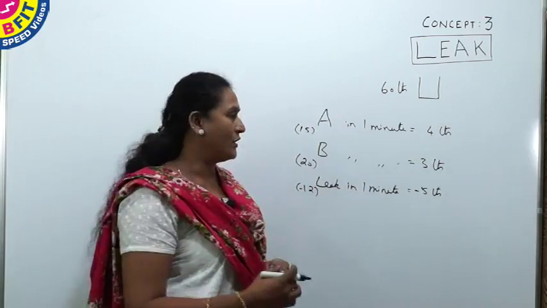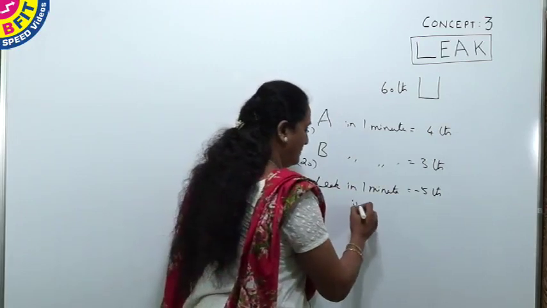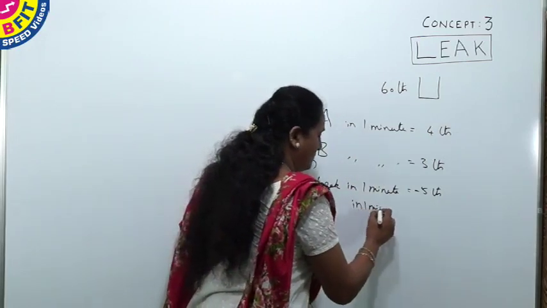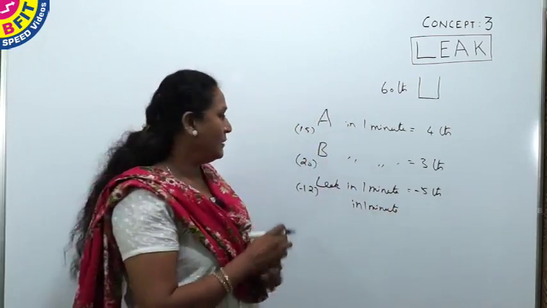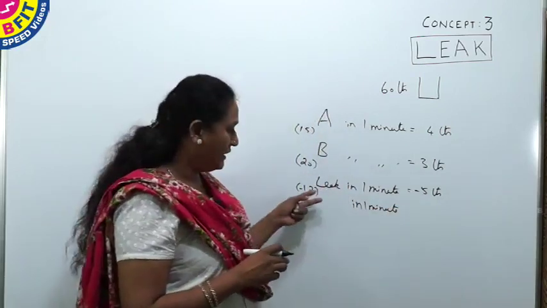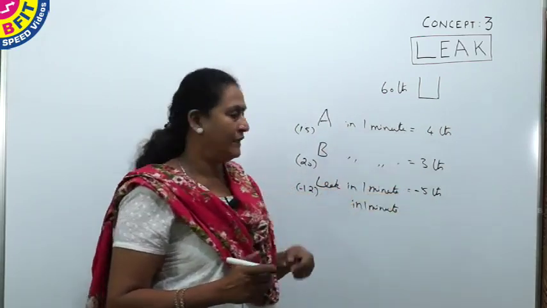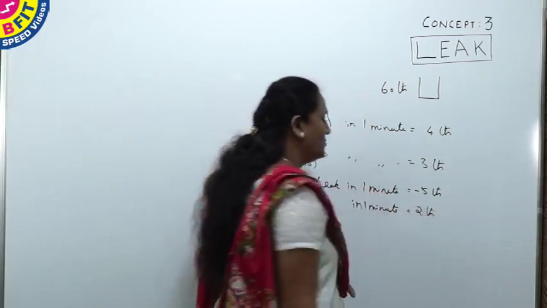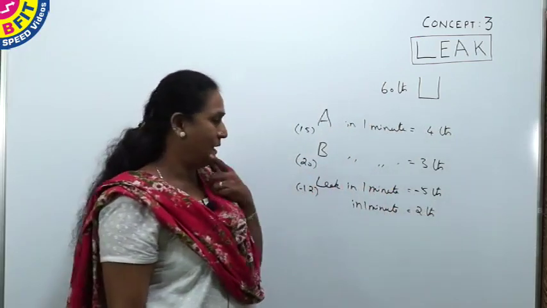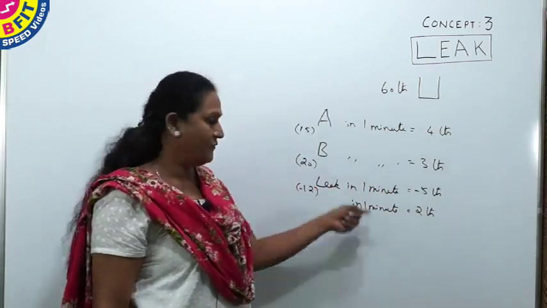So how much water will be there in the tank in 1 minute? So when all the 3 are working, both pipes open, and the leak is also operating, so 7 minus 5, 2 liters. So as the leak is simultaneously emptying, we'll have only 2 liters of water in the tank in 1 minute.